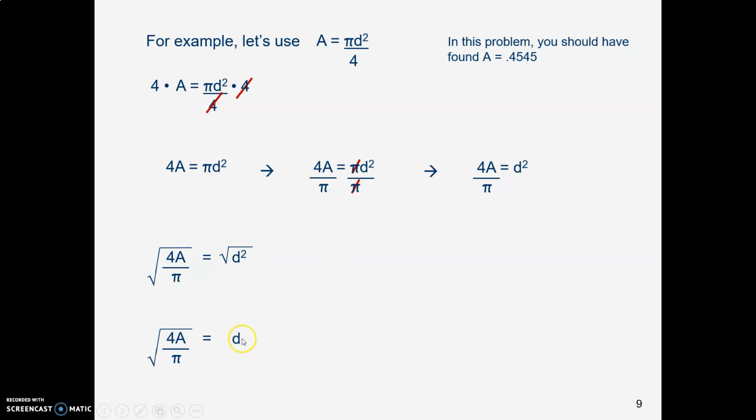It's plain d. So d must be the square root of 4a over pi. And so you could plug in the numbers that you know: 4 times the area, 0.4545, divided by pi. Take the square root of all of that, and you should come out with 0.761.